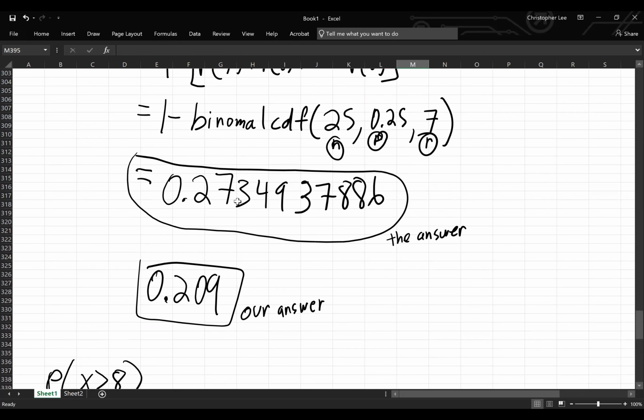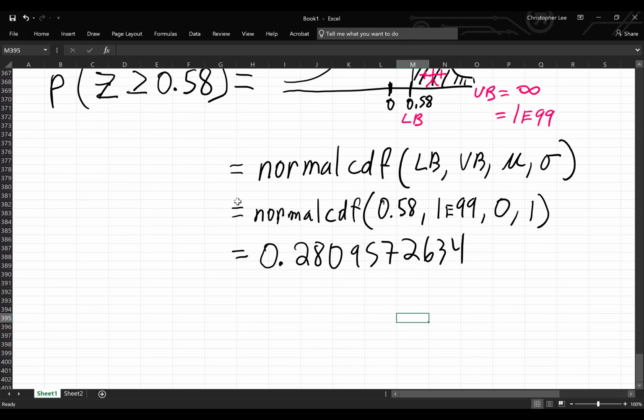I feel like this answer is a lot closer to what the actual answer is, right? This is a better approximation. So the lesson here is that you have to use this continuity correction in order to get your answers here.